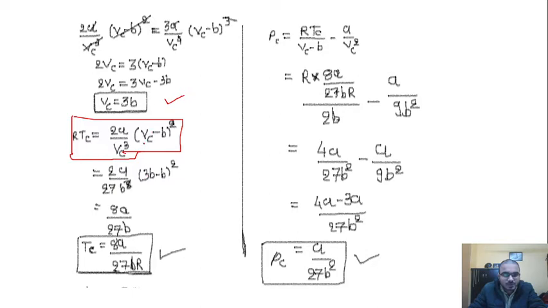Instead of VC we have put 3B, and in the denominator, instead of VC cube we have put 27B cube. So finally we get the value of TC in terms of A, B and R, that is in terms of constants. Then we use the van der Waals equation, that is PC = RTC/(VC minus B) minus A by VC square.